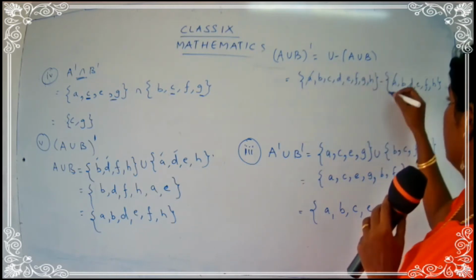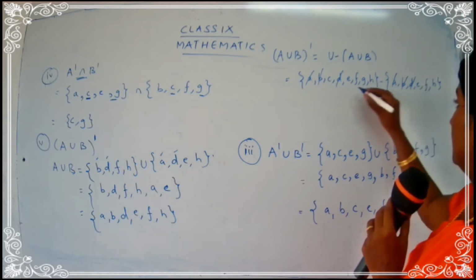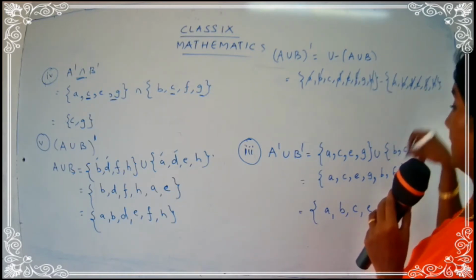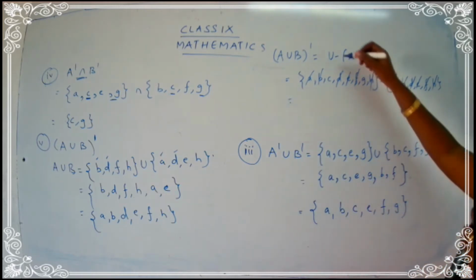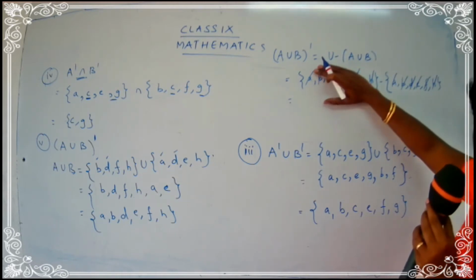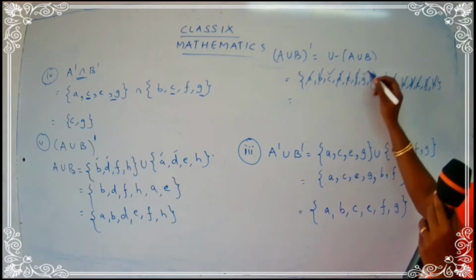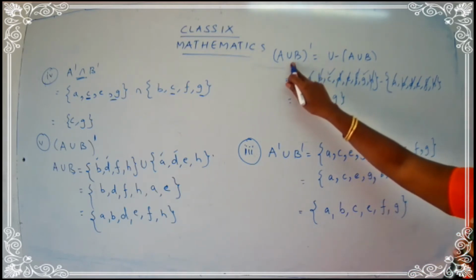A, B, D, E, F, H. Cancel the common. So what is left now? I want U. So don't look at this part. You have to look only at the first part. What is left in the first part? C and G. So the answer is C, comma, G. So how to find A union B dash?